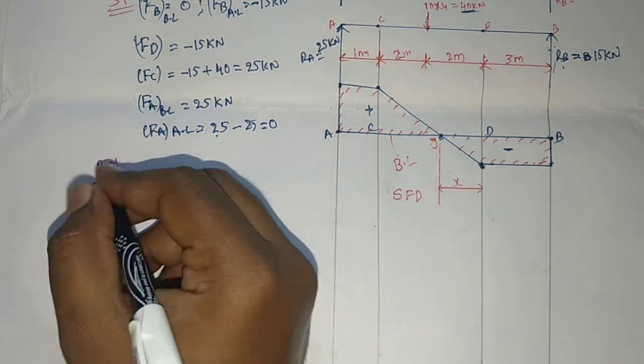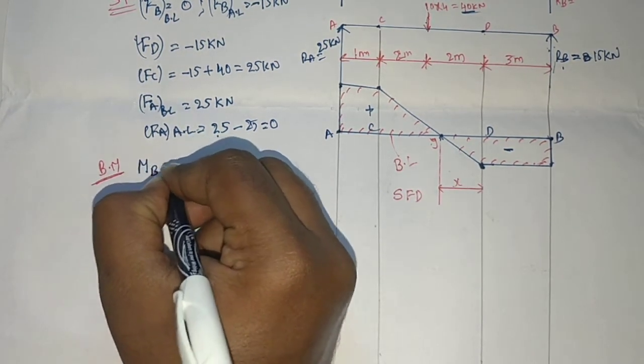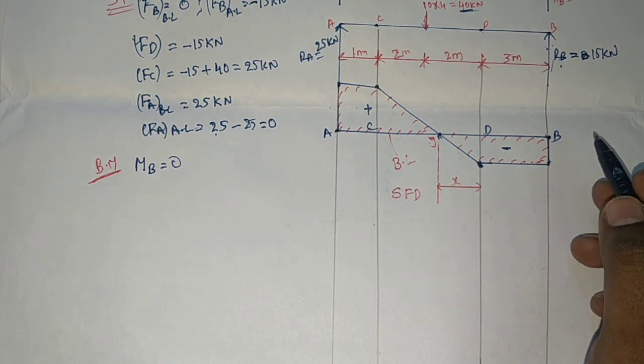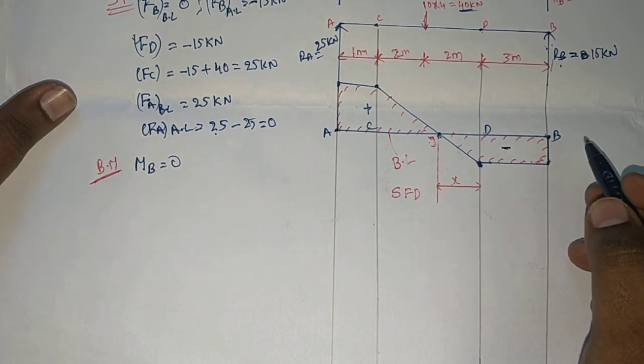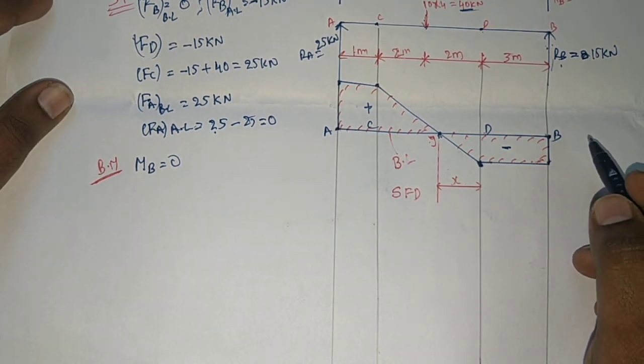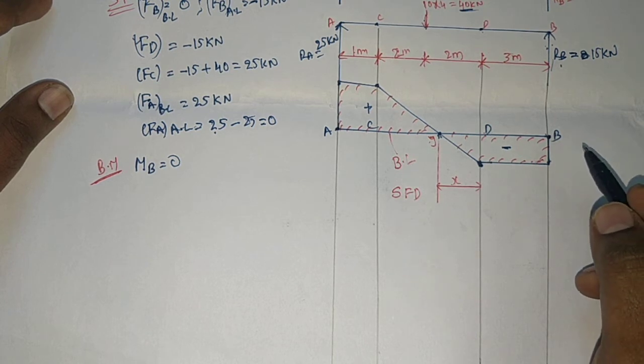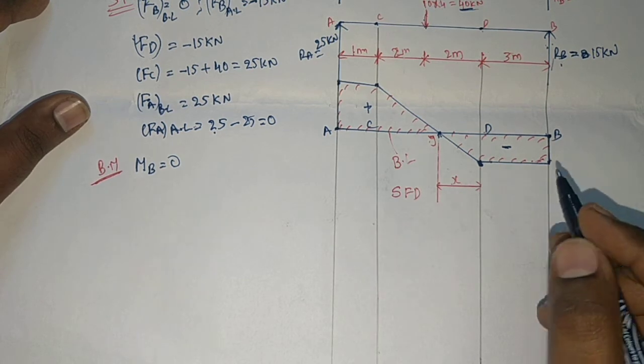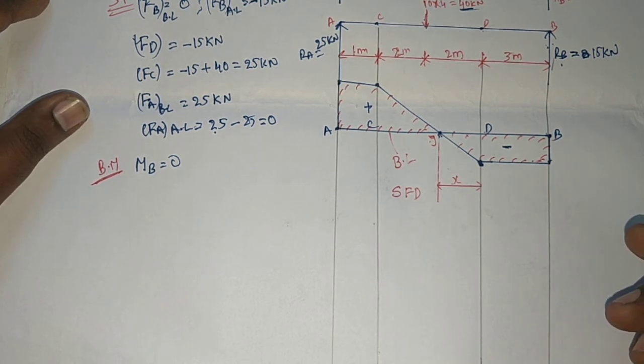Here bending moment at point P is equal to 0. That means both ends, left and right, are compulsorily 0 for a simply supported beam. At the supports, the bending moment is 0, we can calculate directly.